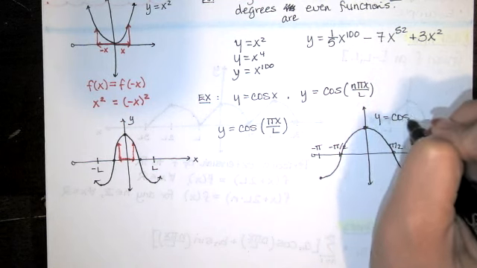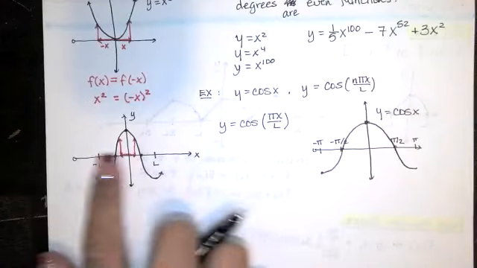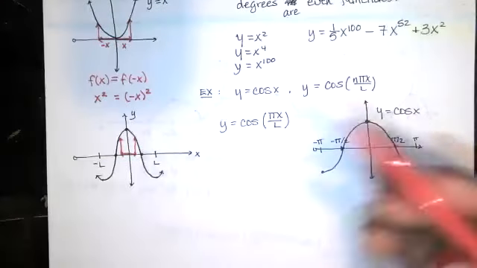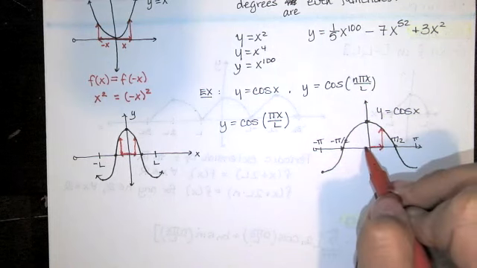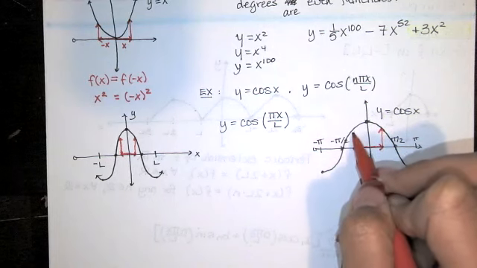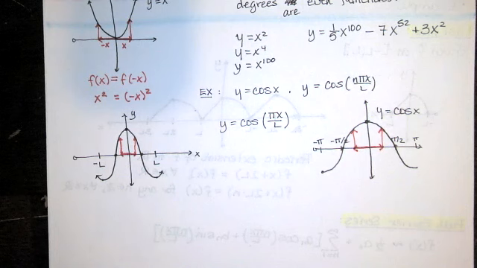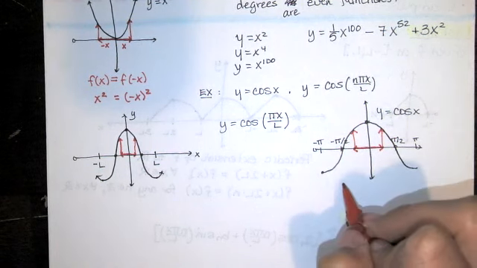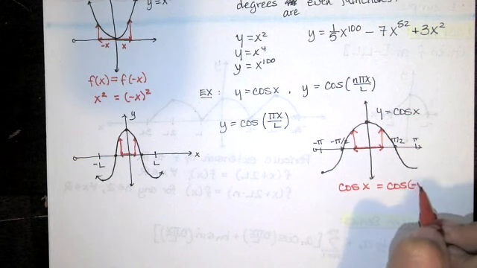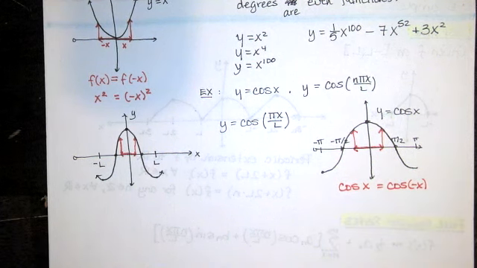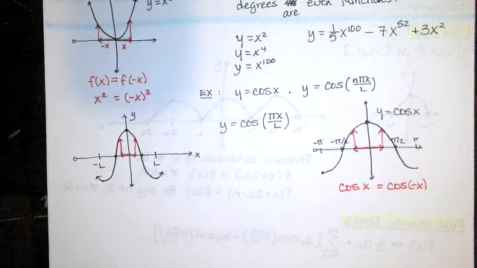This is y equals cosine of x, and that one's y equals cosine of pi x over L. But if I go to pi over 4 and I find the y value, I get square root of 2 over 2. If I go to negative pi over 4 and I find the y value, I get square root of 2 over 2. So cosine of x and cosine of negative x are the same. So that's what makes it even.